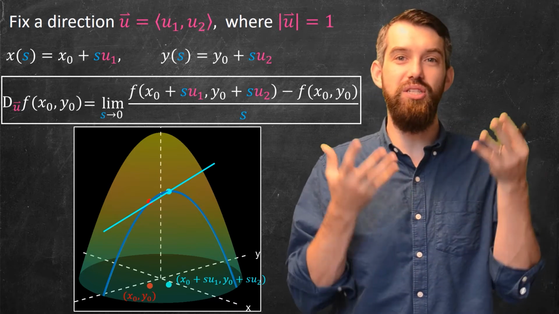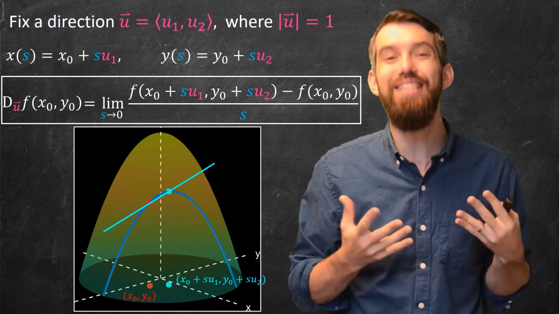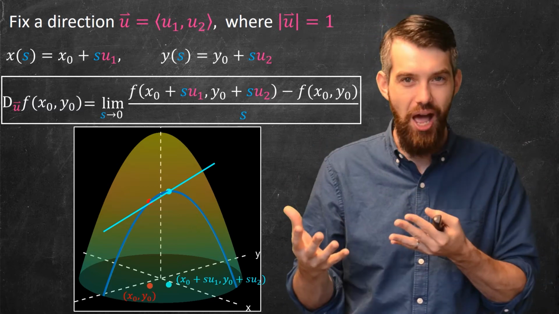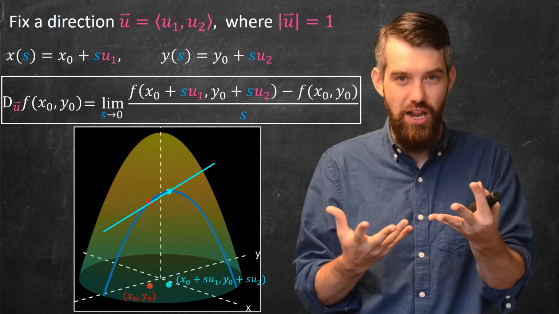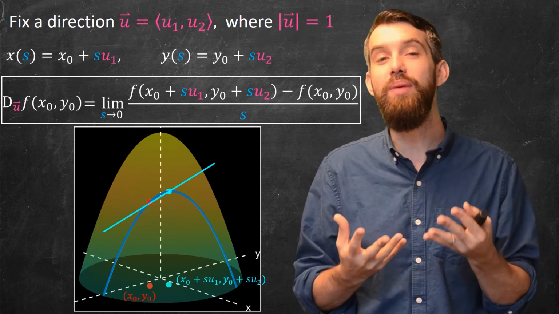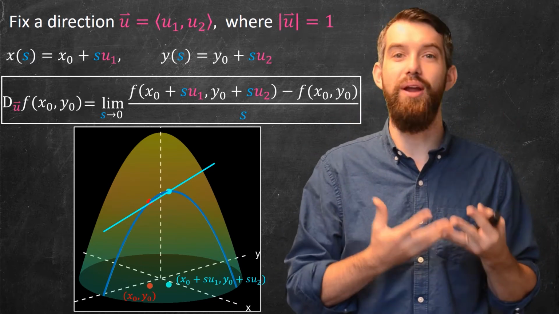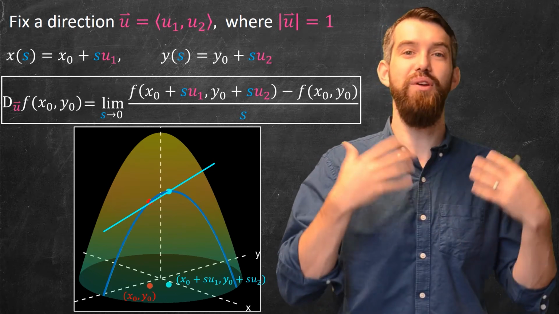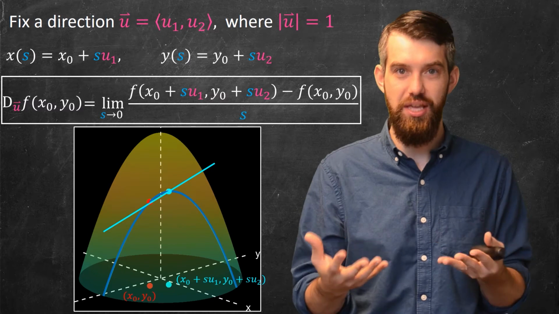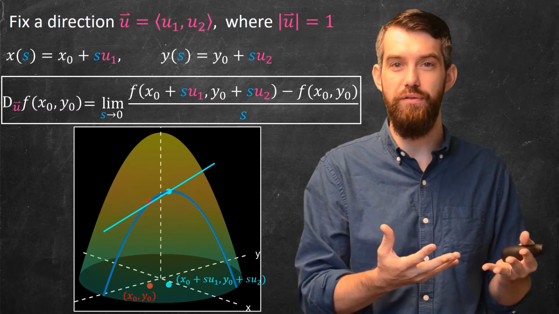That's going to represent a slope, and then I'm going to do as I did in first year calculus so many times when I talked about the definition of the derivative. I take the slope of that secant line, and then I take the limit as my points get close together. In this scenario, the limit as s goes to 0. So this is a very natural definition to give for the directional derivative.